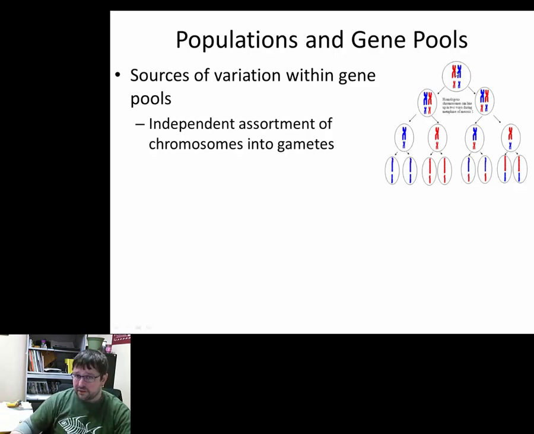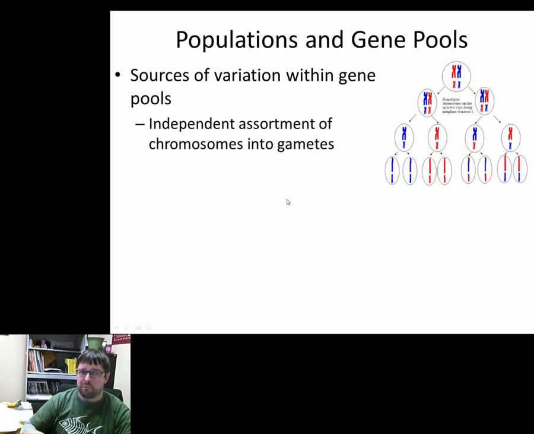Now, how they pair up, whether chromosome number 1 is on the right side or the left side, is purely random. Here you can see the bottom chromosomes have switched orientation, which would give you a different variety of end product, or gamete cells would be different genetically speaking. That's independent assortment.